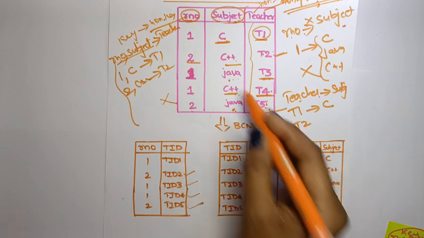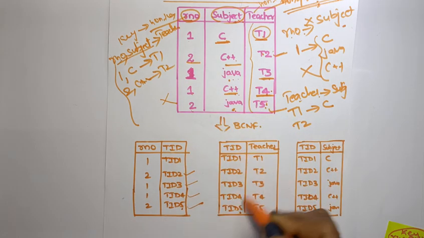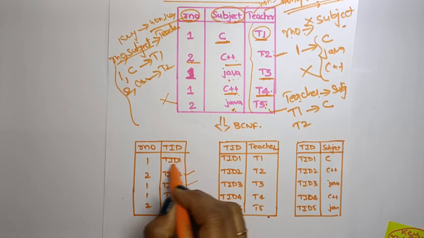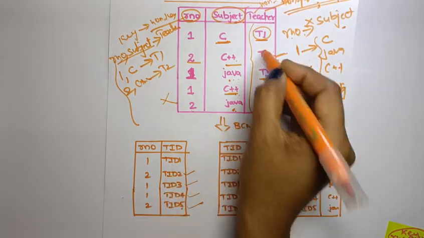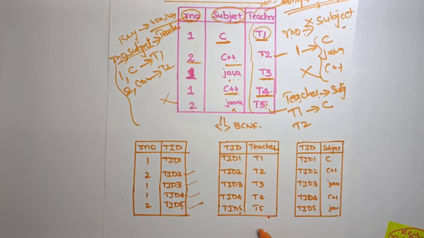Next one, for these teacher IDs, teachers allotted: TID 1 means T1, TID 2 means T2, TID 3 means T3 and so on.